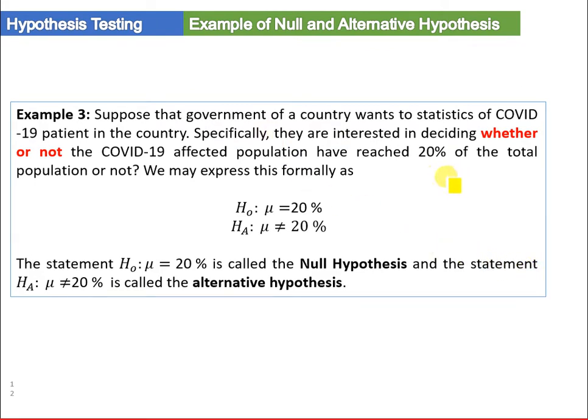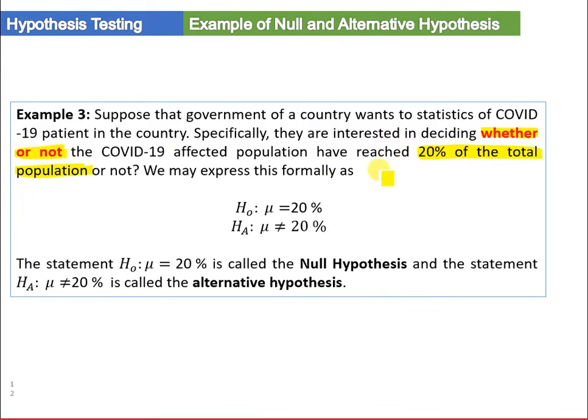Similarly, in this example, suppose the government of a country wants the statistics of COVID-19 patients in the country. Specifically, they are interested in deciding whether or not the COVID-19 affected population has reached 20% of the total population. So how do we express this?